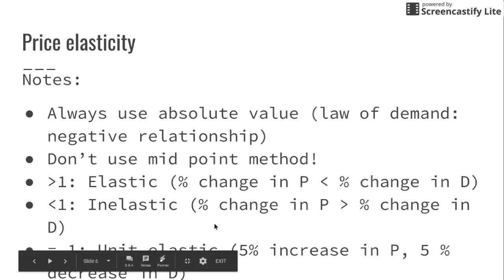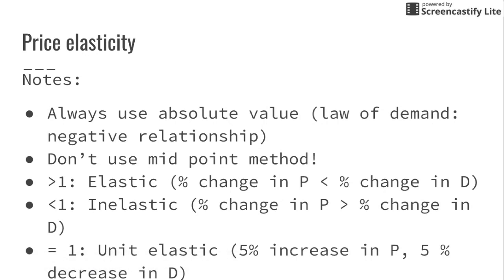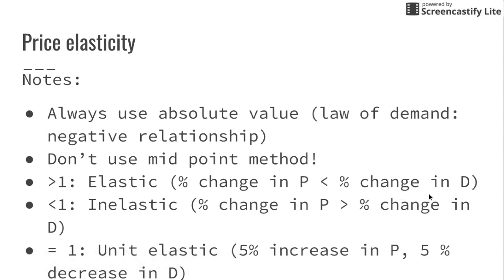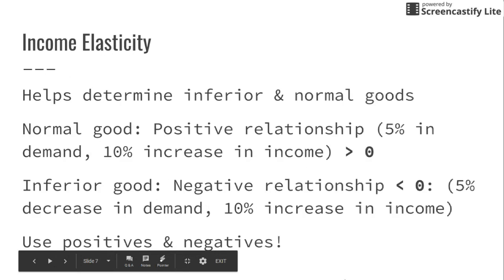If it's inelastic, if it's a number that's less than 1, the percentage change in price is greater than the percentage change in demand. And if you have a number that is 1, that means it's unit elastic. In the example I give there, the percentage change in price is equal to the percentage change in demand. So those are your 3 types of elasticity for price elasticity of demand.